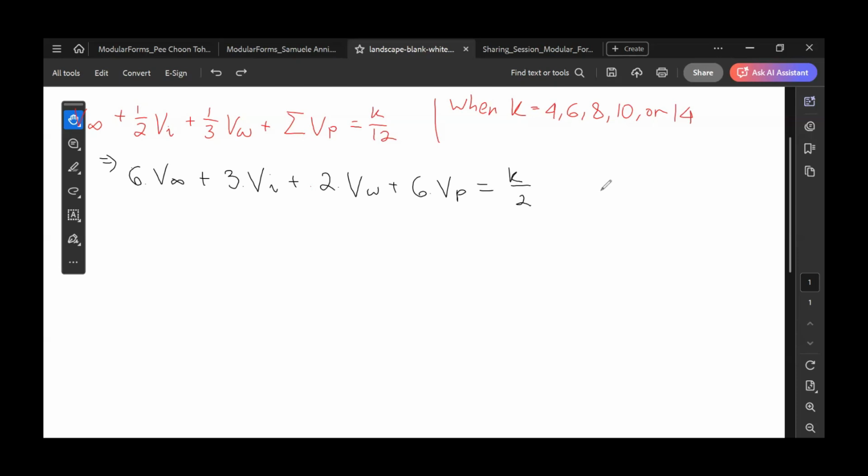So let's see. When k is equal to 4, it means that we want the sum to be 2. But how can this be? Each f value is always a non-negative integer.